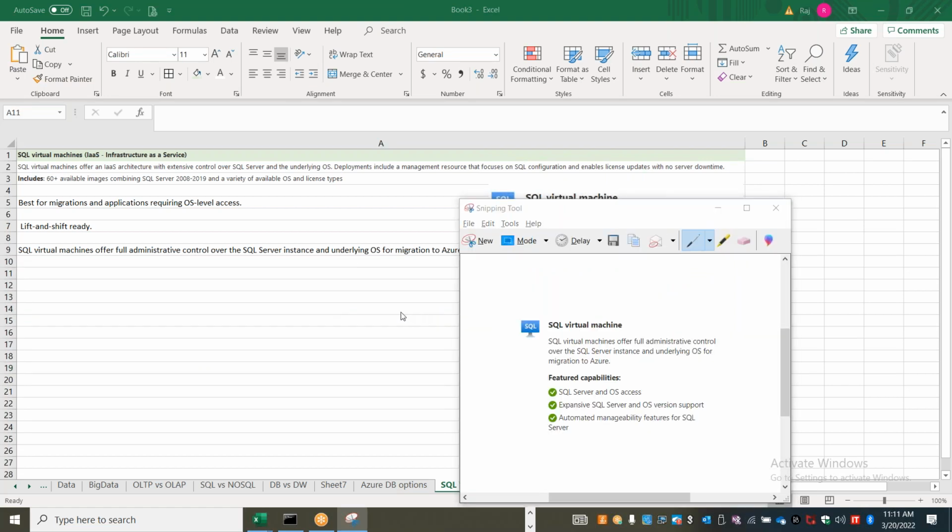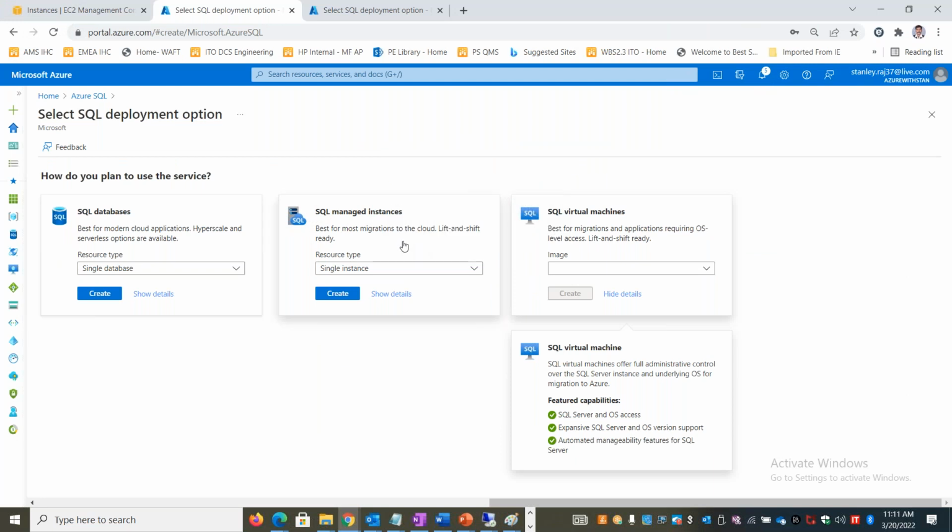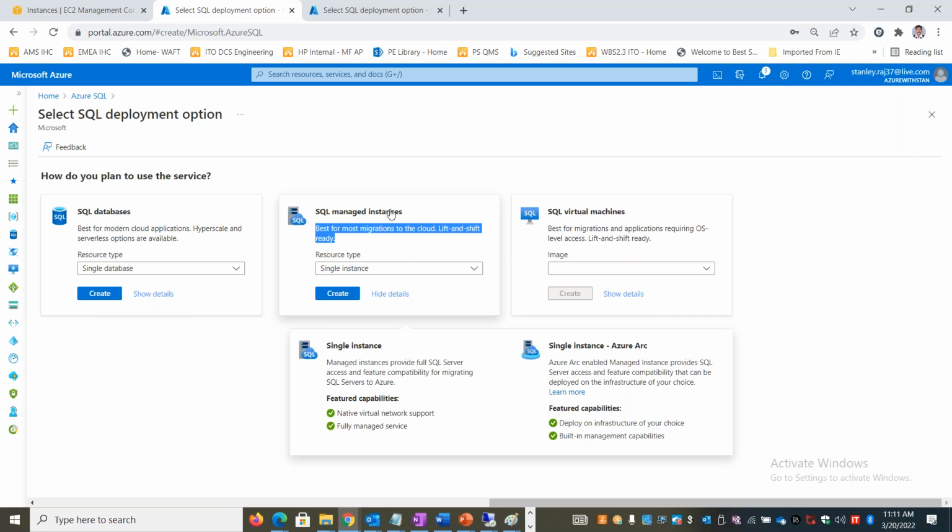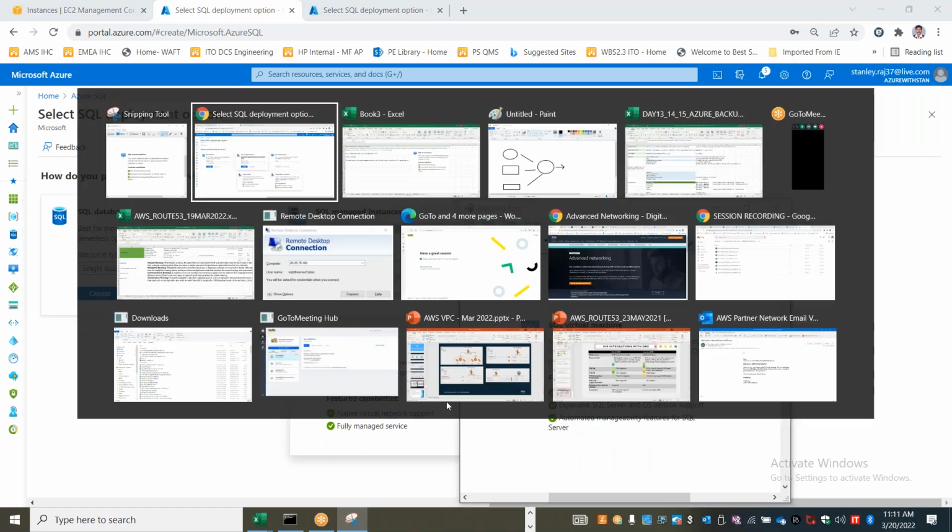Now the next option is the managed instance. You want to come to the cloud, but you want to enjoy the benefits of cloud native, meaning you don't want full access on the OS, but you need full access on the SQL instance. If you want full access on the SQL instance, then you can go for SQL managed instance.